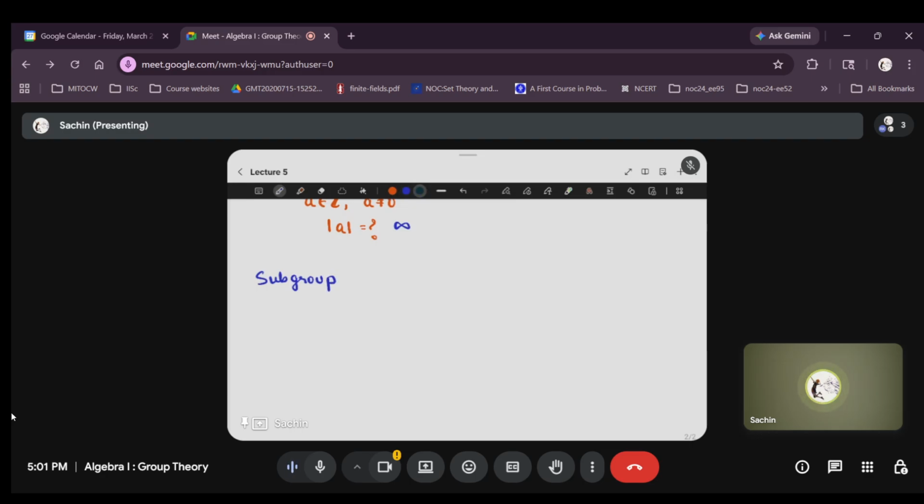I'll define what a subgroup is first. So you have a group G with some operation.